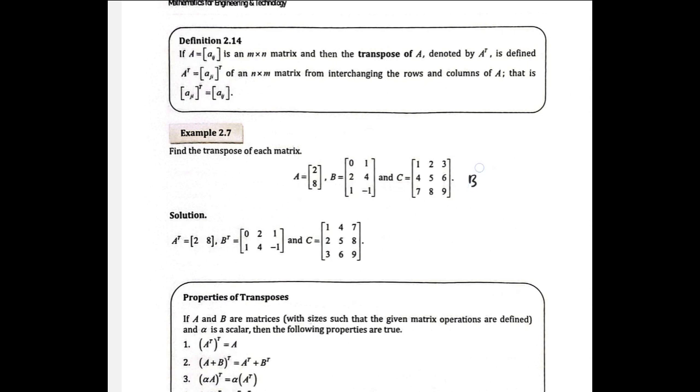So B transpose is equal to, the column here will become row, so 0 1, and then 1 negative 1 will be the next row. Okay, so that is transpose.